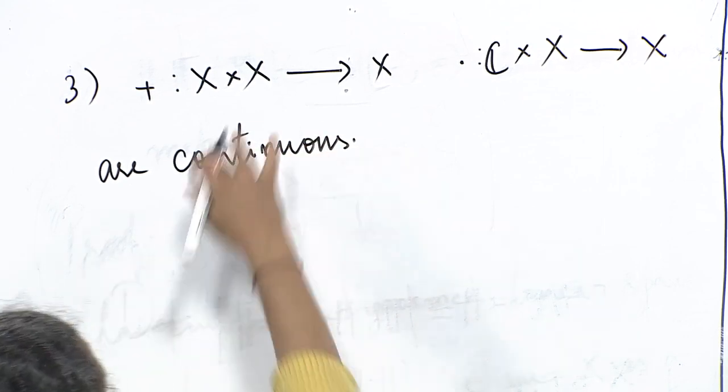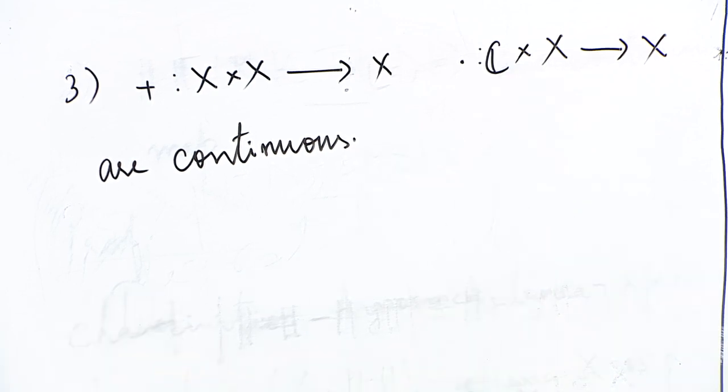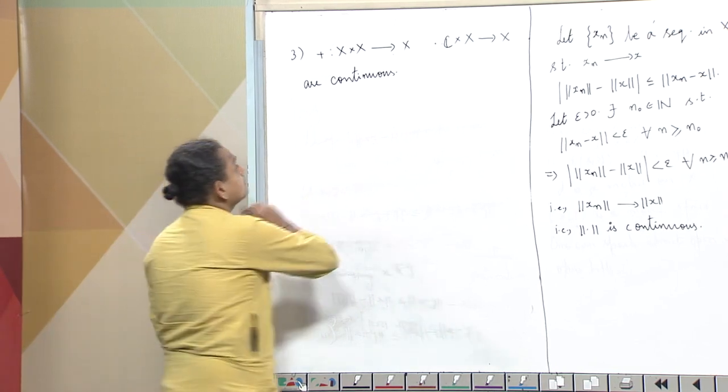So, in both these cases, X cross X as well as C cross X, we are going to use what is known as the product metric. Right.